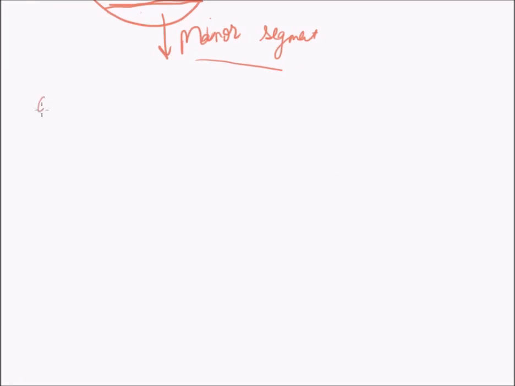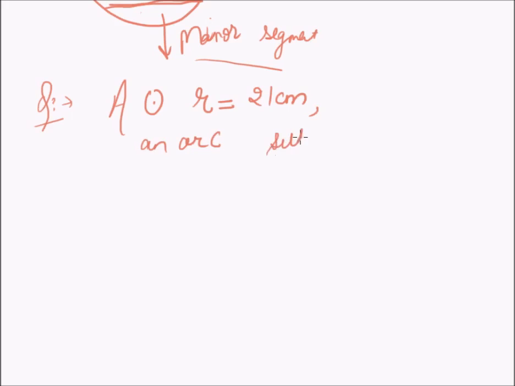The question says a circle of radius 21 centimeter, an arc subtends an angle of 60 degrees at the center.